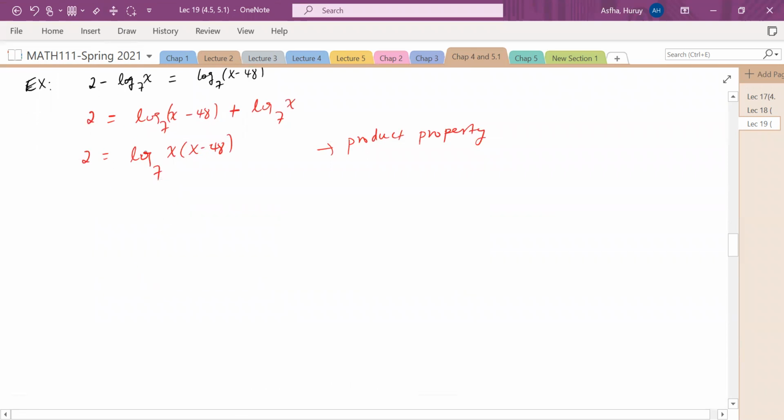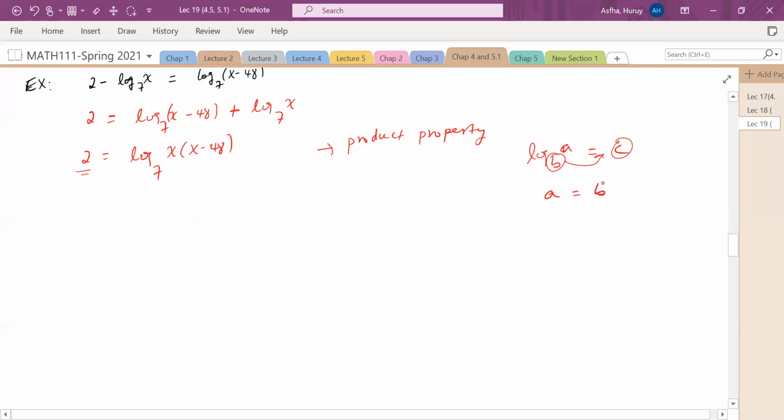Now, what's next? Here we have one logarithmic expression on the right side, and we have a constant. Remember, if I have log a base b equals, for example, c, then we can convert this to exponential form as a equals b to the power of c. The logarithmic base will be the exponential base, and this will be the exponent.